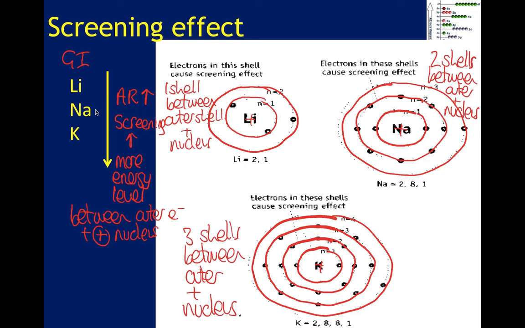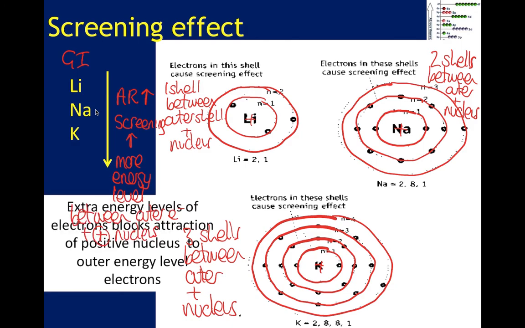Now, you can also put this in: the extra energy levels of the electrons block the attraction of the positive nucleus to the outer energy level electrons. So I've just put that in the context of one shell between your outer electron and nucleus, or 2 shells or 3 shells.